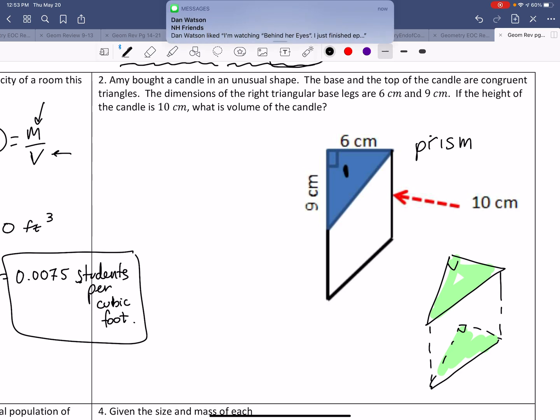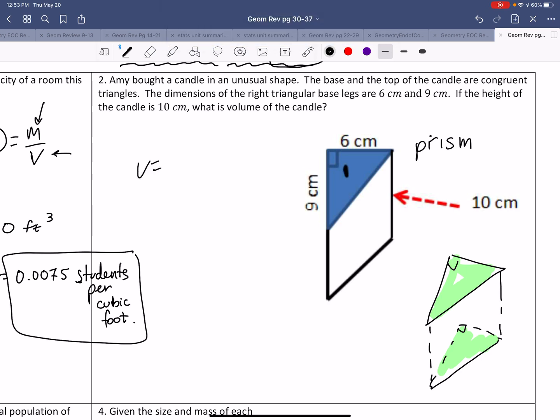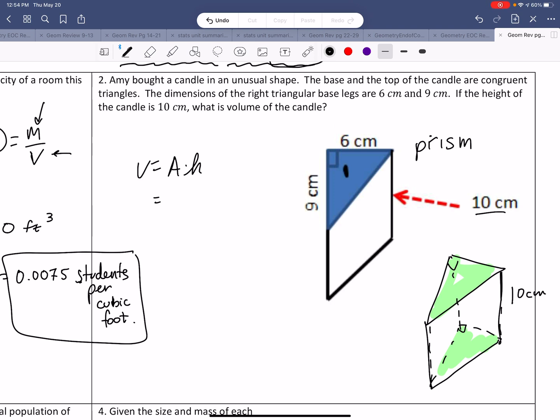All right, so the volume of anything in the universe is the area of the base times however high you stacked it. All right, so we stacked this right triangle a height of 10. So the volume would be the area of the base times the height. Well, the base is a triangle, 1/2 base times altitude, right? And then we're going to have our height. So our volume, they said, the volume is what they want us to figure out.